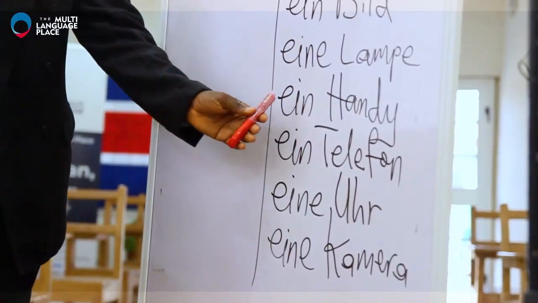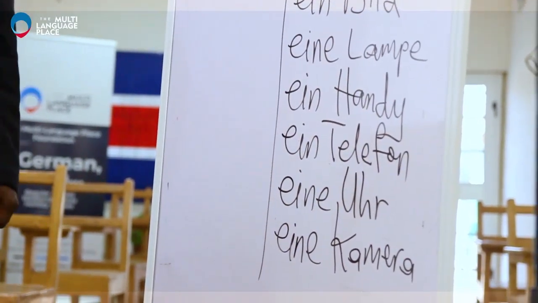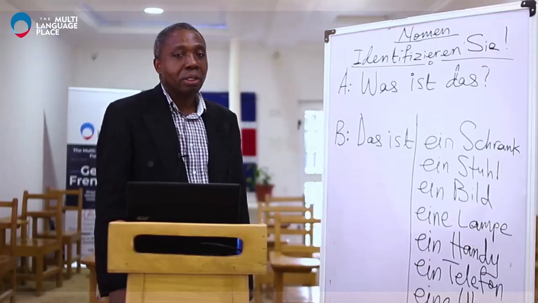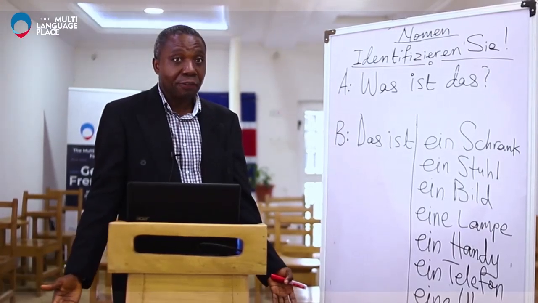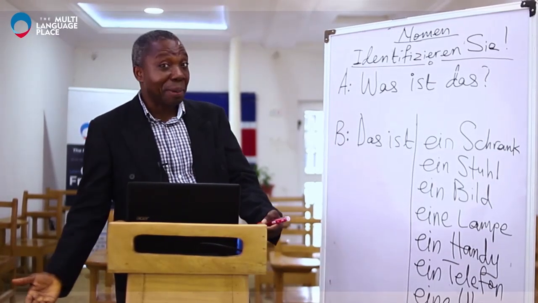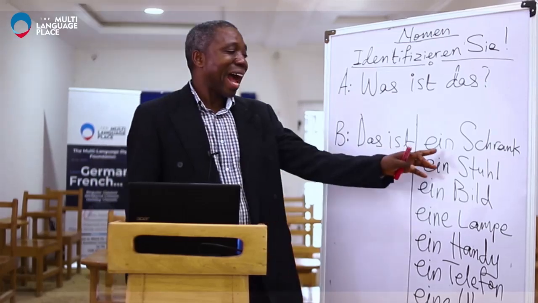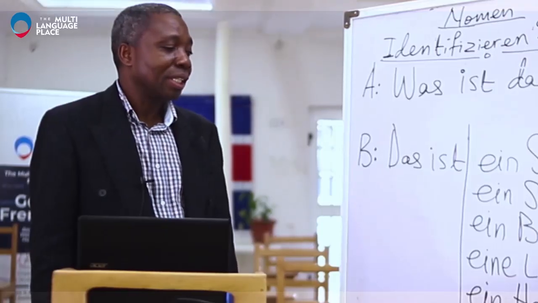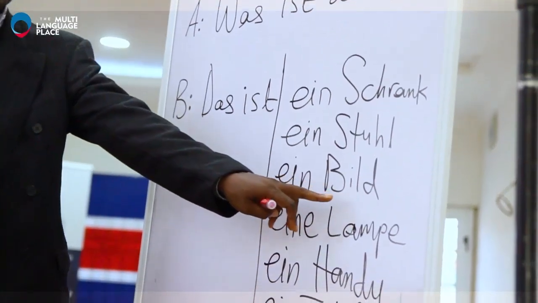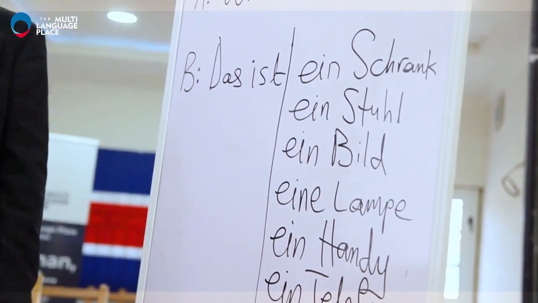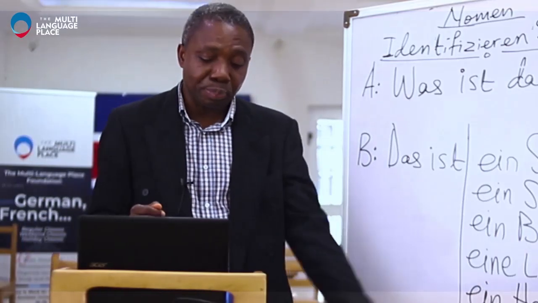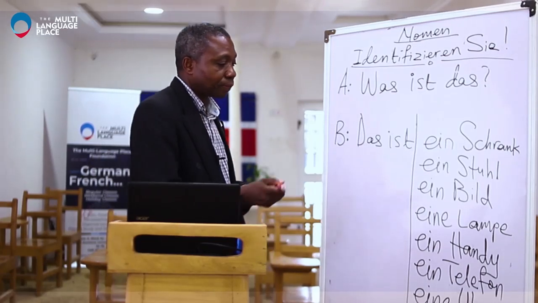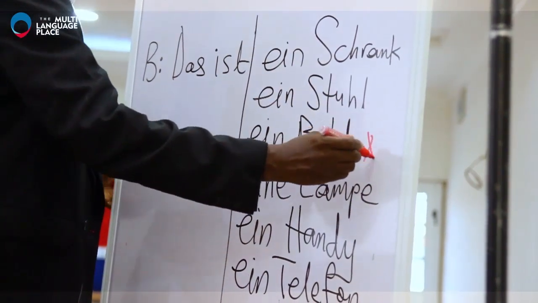So we have ein Handy, of course that is neutral, and then we have eine Lampe, you know already, that's the indefinite gender marker for feminine. And of course we have ein Schrank, the gender marker for masculine. And ein Bild, if you check Bild in your bilingual dictionary, you discover that Bild is neutral.